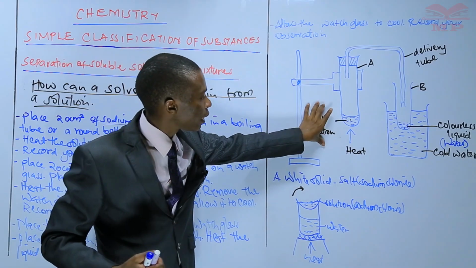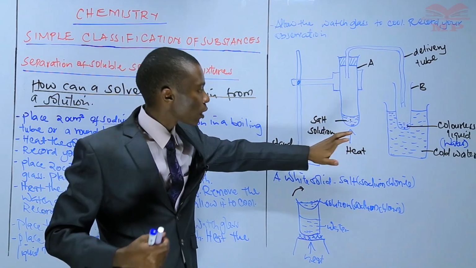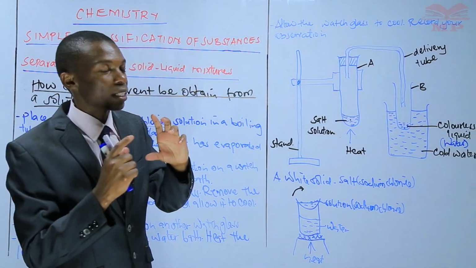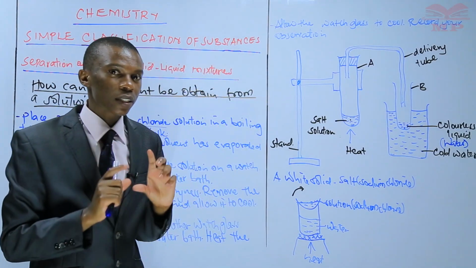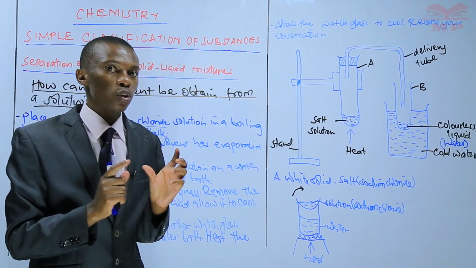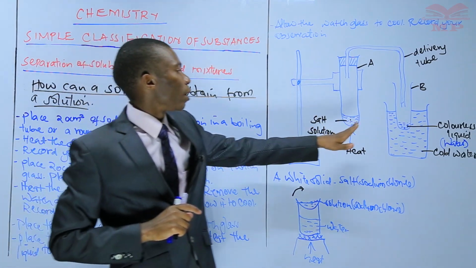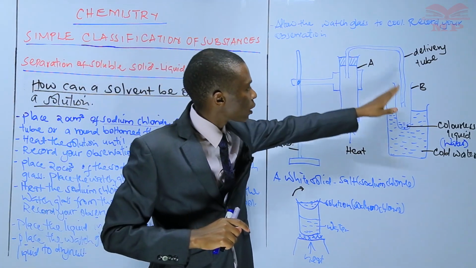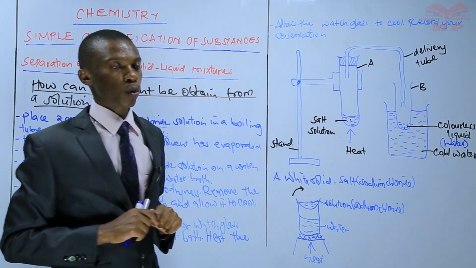We have heated the sodium chloride solution to dryness. Then water evaporates. You are left with salt, or sodium chloride solid, in the boiling tube. Then the water which evaporates is collected as the colorless liquid at that point.